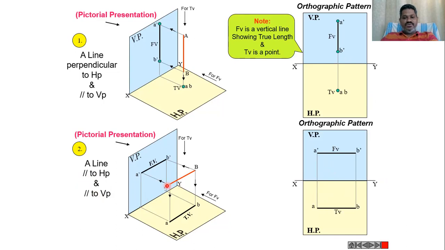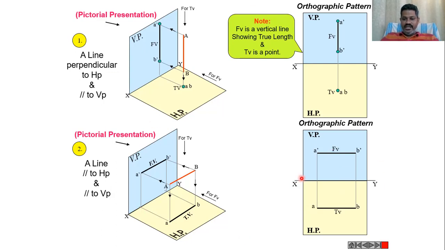The front view will come above the XY line, indicated as A dash B dash above the XY line. The top view will come below the XY line, indicated as AB below the XY line. The distance that the line is located in front of VP, that distance we need to indicate from the XY line.